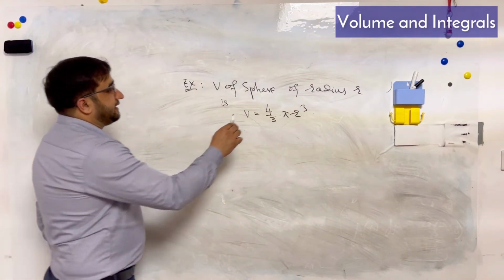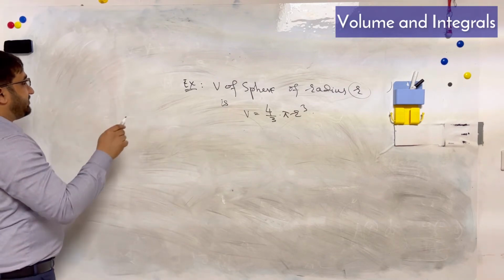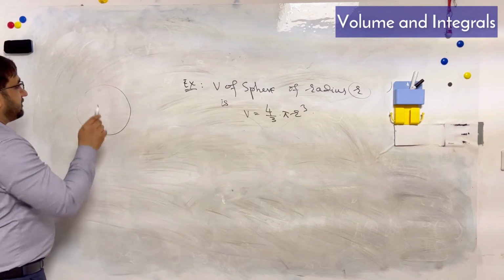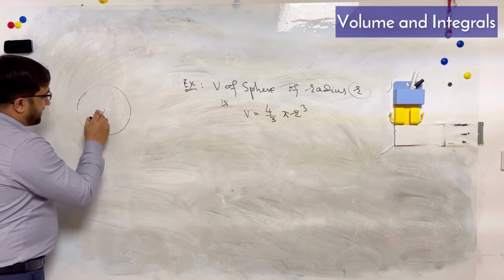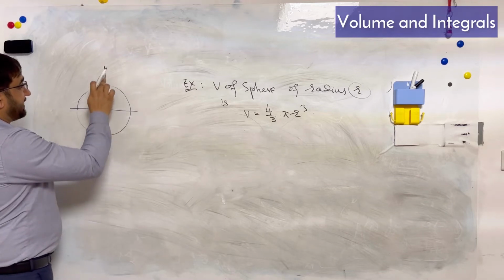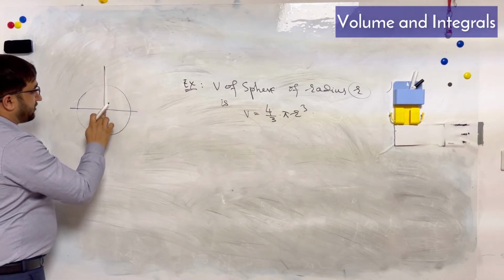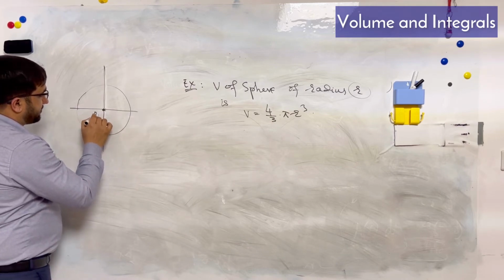Now, if he is talking about r and a sphere, then consider a ball in your mind. We are assuming that this ball is placed in the coordinate system such that the axes pass through the origin, so this is 0, 0.